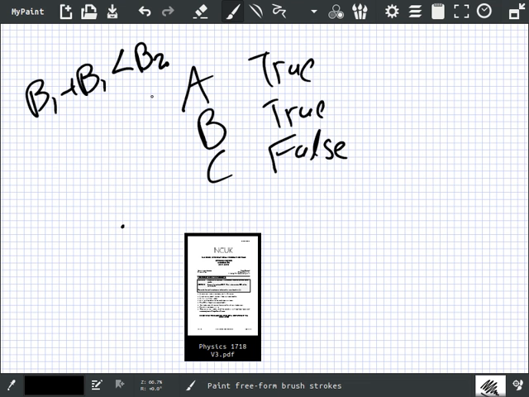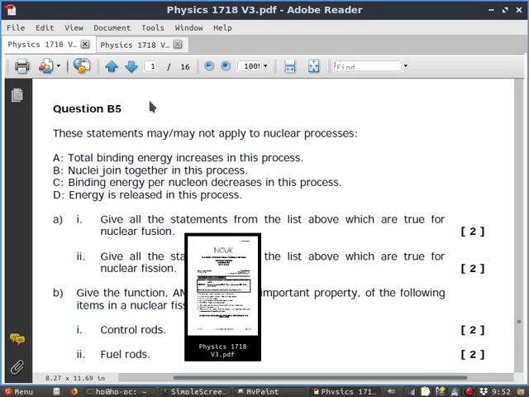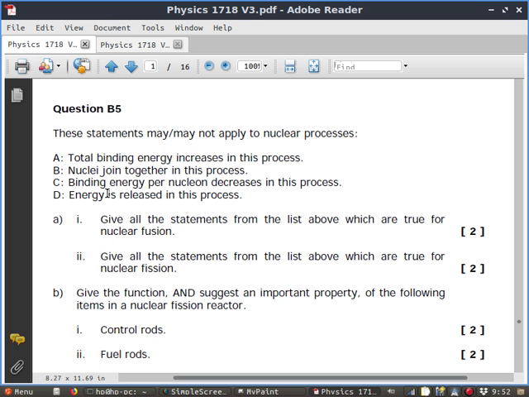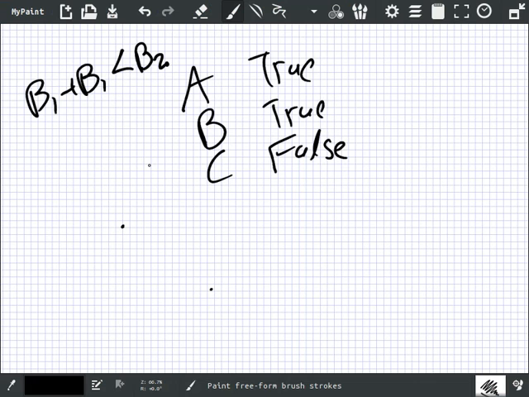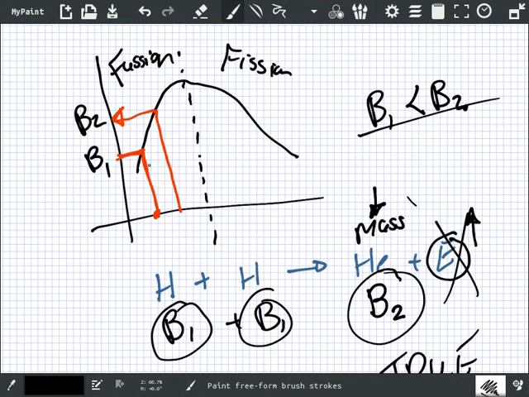Oh no, it's total, not per. Yes, actually, sorry Ben, the first one was total, not per nucleon. So actually what I should have done here is this has 1 and this has 2.